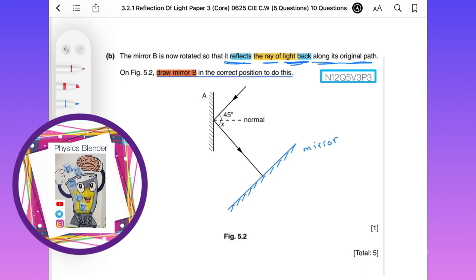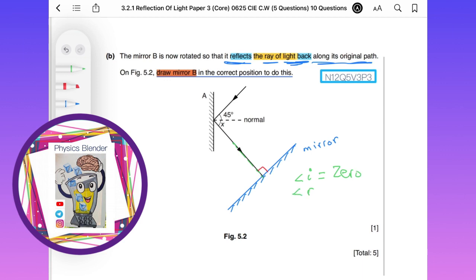So the ray here is incident at right angle to the mirror. It means it's along the normal. So if you also draw a normal line here at right angle to the mirror, what will be the angle between the incident ray and the normal? In this case, the angle of incidence will be equal to 0.